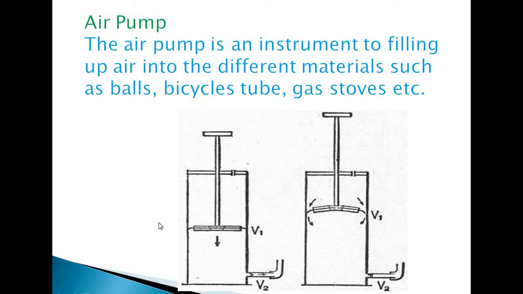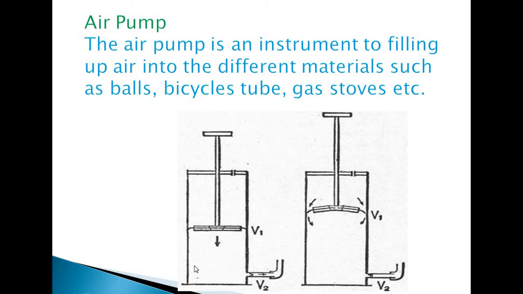Let us discuss this structure. It consists of a piston and cylinder, which is open at one end and closed at the other end, and it is connected with a nozzle, which is also known as a valve.